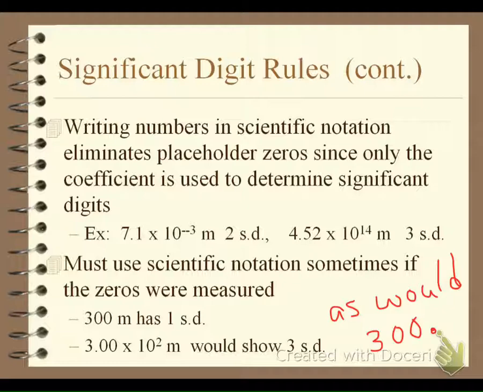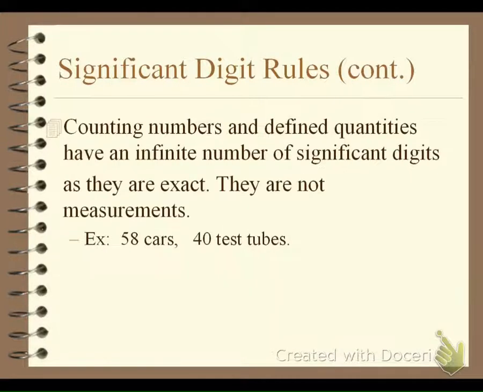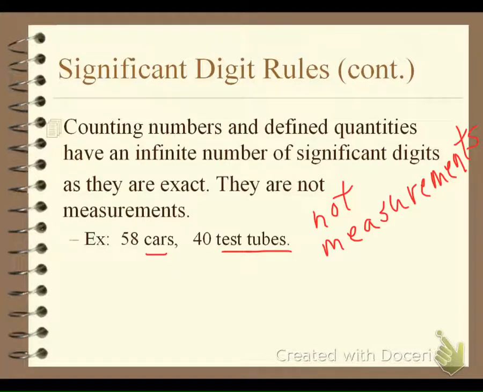Our final significant digit rule has to do with counting numbers and defined quantities. They are exact, they are not measurements, and therefore we say that they have an infinite number of significant digits. 58 cars, 40 test tubes are not measurements, they're counting numbers.